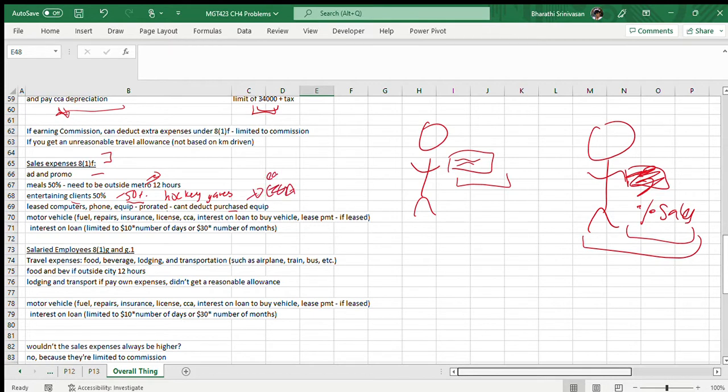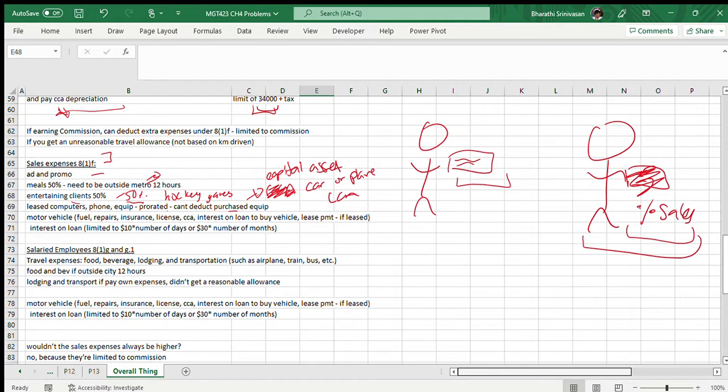It's a capital asset, and that would be treated differently. It's not an expense. If it's an automobile or a plane, I think you can deduct CCA. But for anything else like computers, phone, equipment, you cannot deduct CCA. So it just kind of sucks. You just have to accept the fact that you can't really get money back for the purchase you made.